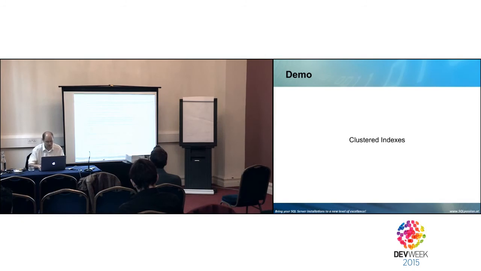I create here a new database and I create a simple table. Every record in that table is 400 bytes long, meaning we can store on one page of 8 kilobytes up to 20 records.